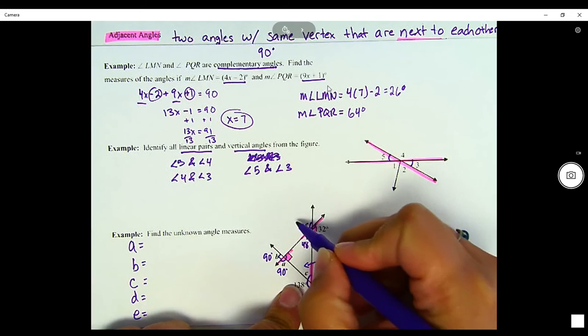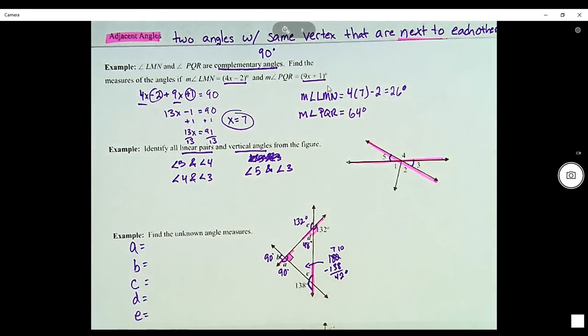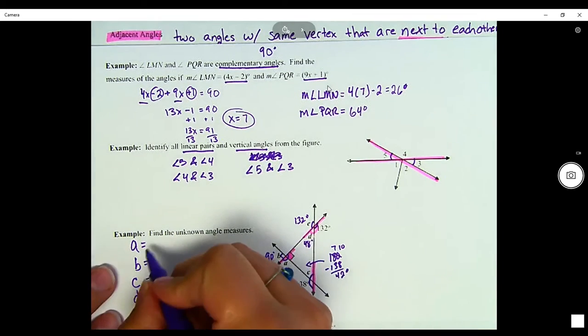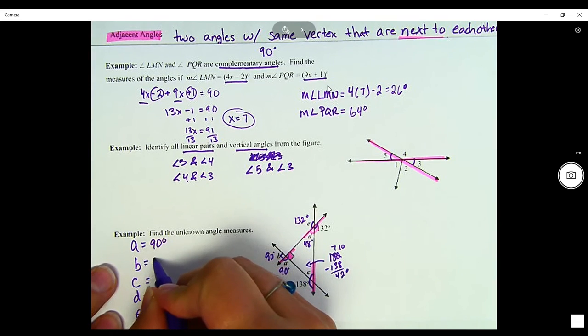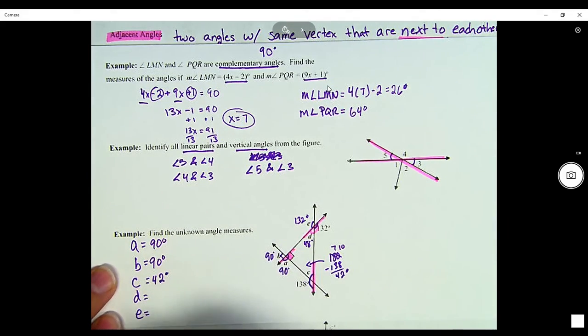So E is the same measure, 132 degrees. Then all you have to do once you've filled in your picture is fill in the answers. So A is 90, B is 90, C is 42, and D is 48, and E is 132 degrees. Okay, have fun on those practice problems.